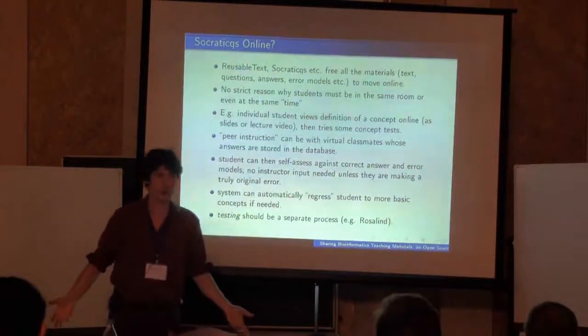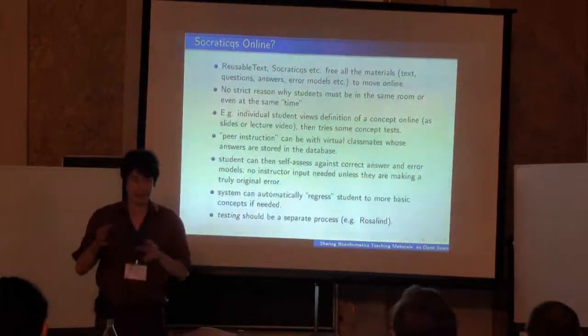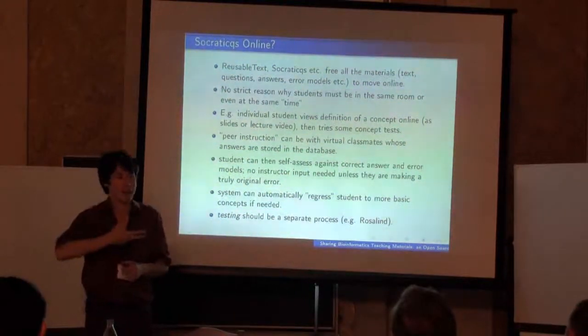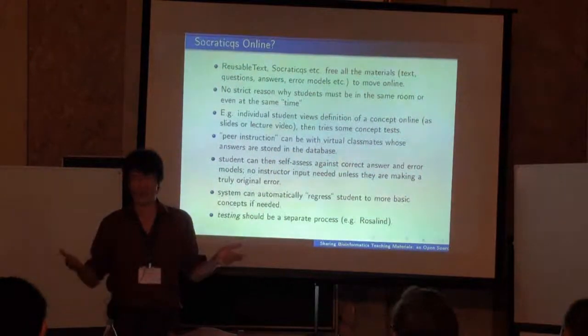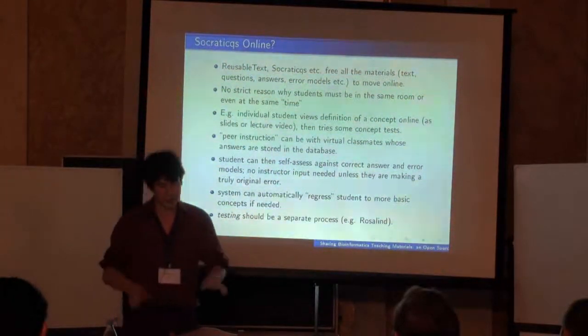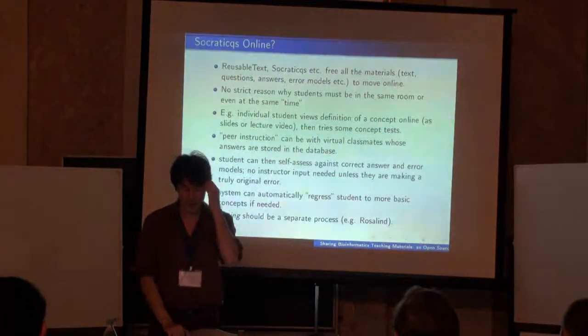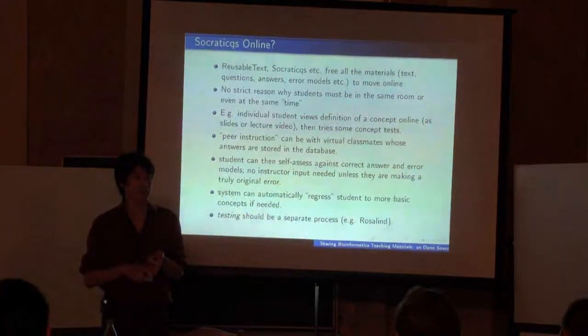So the new student can write their argument for why they think their answer is right, and then they can see somebody else's argument for why they think their answer was right, maybe a different answer, see if that affects their own thoughts on the subject, and self-evaluate against both the correct answer and the set of all the error models that have already been collected.